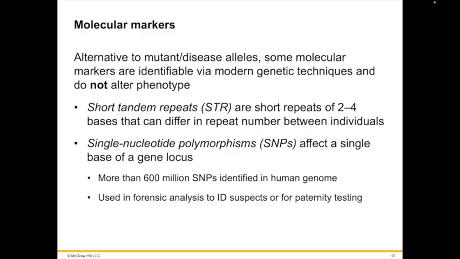There are now more than 600 million single nucleotide polymorphisms identified in the human genome. The vast majority of these are at very low frequency in populations, with only about 10 million at a frequency of greater than 5%. These have been identified and mapped by an international consortium, with data being publicly available.